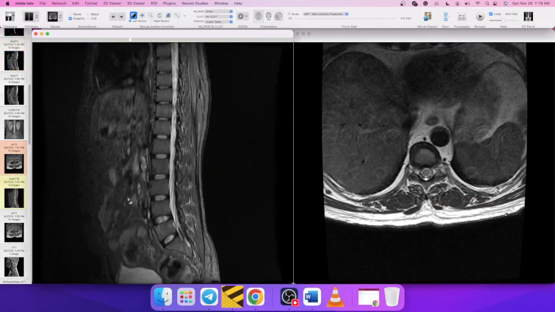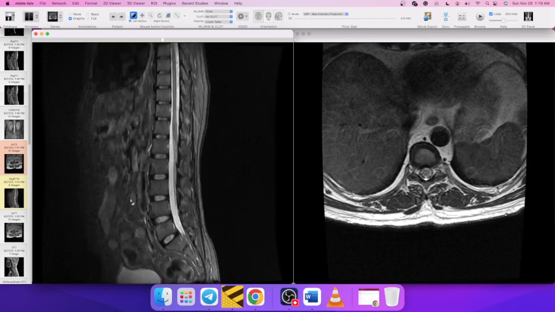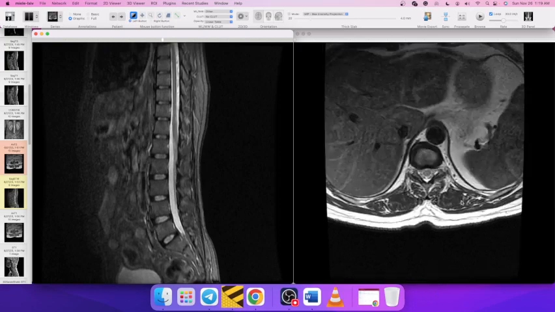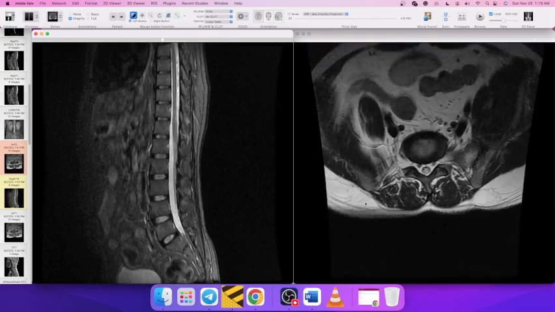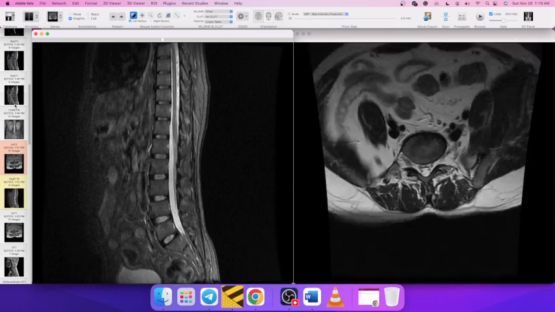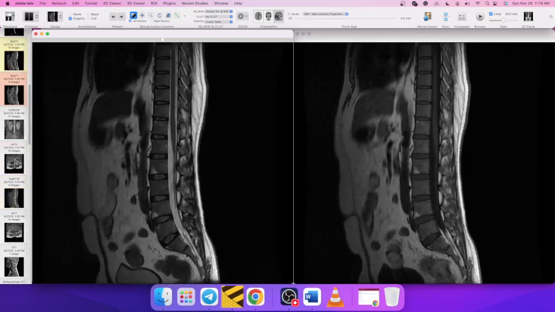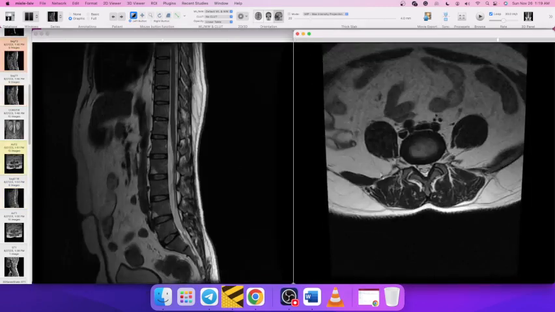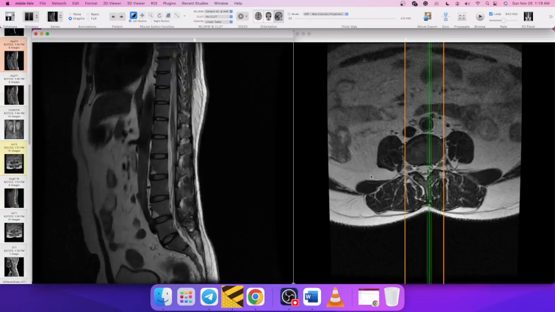STIR images will show you fat suppression, and we can see that these areas have become fat suppressed. Definitely fatty degenerative changes. Since this is not coming up as marker points, we will take the T2 weighted axial images. Okay, now it's coming up.